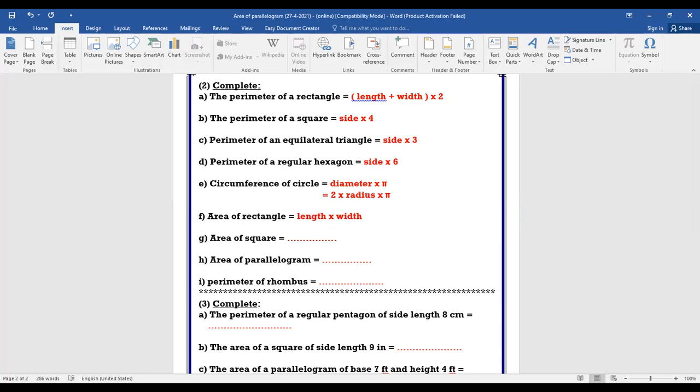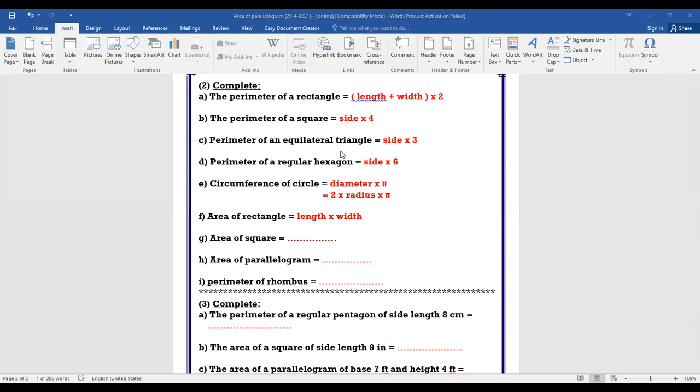Area of a square. This was also yesterday's lesson. No answer?